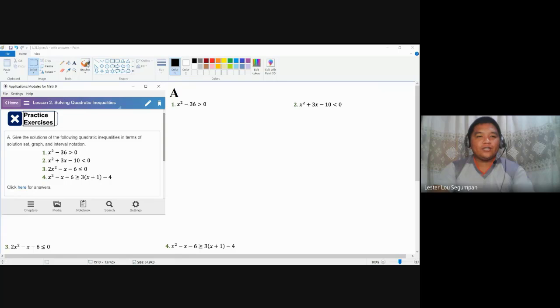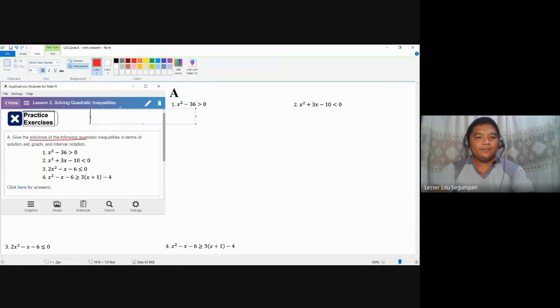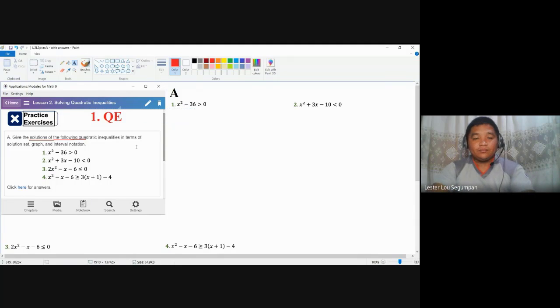To solve for the solutions of these quadratic inequalities, we need to follow very important steps. Number one, the first step is to come up with an equivalent quadratic equation for the given quadratic inequality.